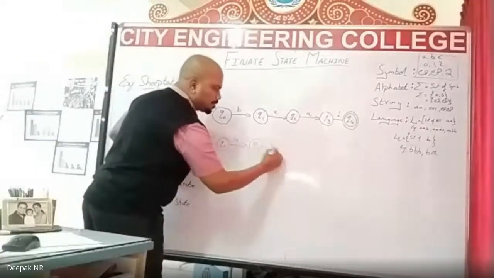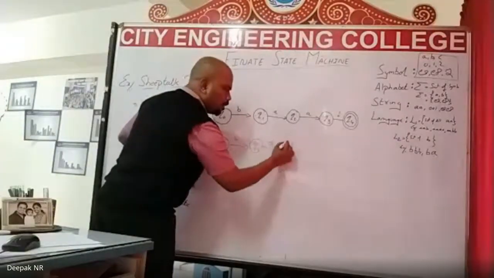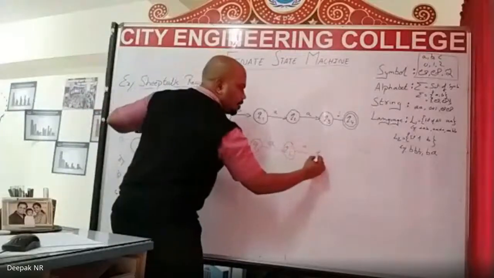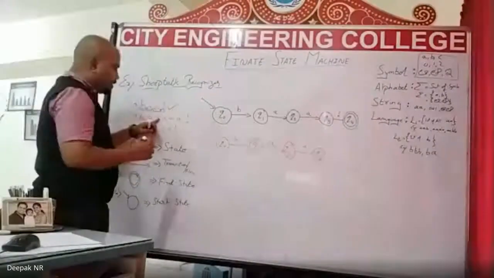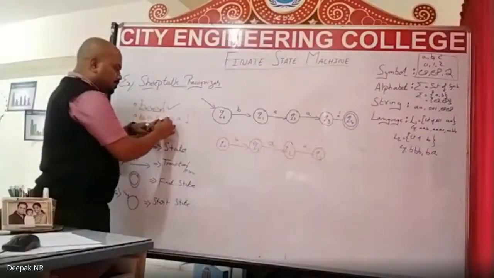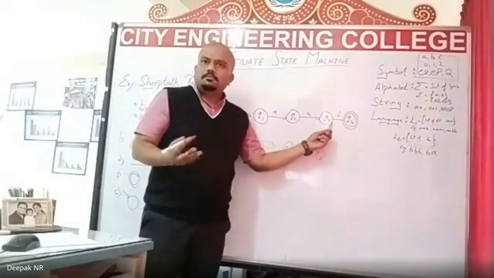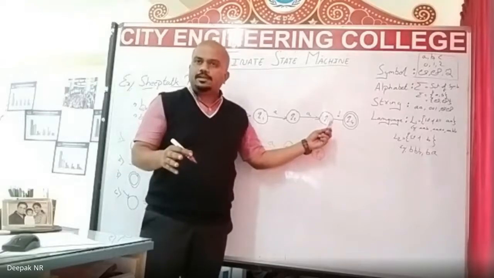Then A comes, I'm going to Q2. Then again A comes, now I'm going to Q3. Clear? Now one more A comes. Where do I go from Q3 on A? I have not yet defined anything.